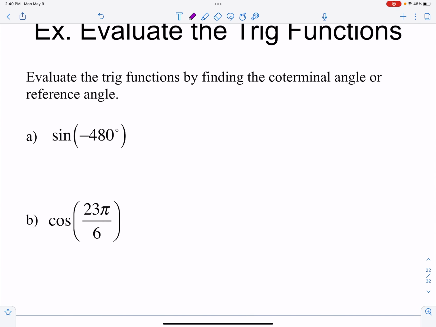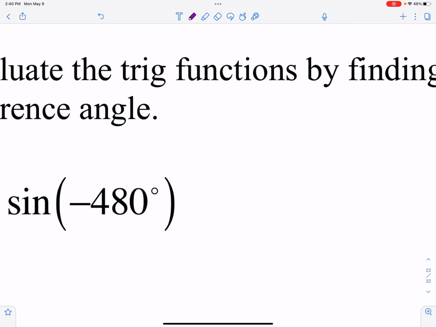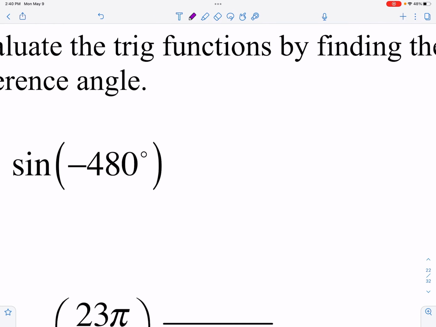So to evaluate the trig functions for these angles that are not between 0 and 360 degrees or 0 and 2 pi, we're going to think about finding the positive coterminal angle that is on those intervals.